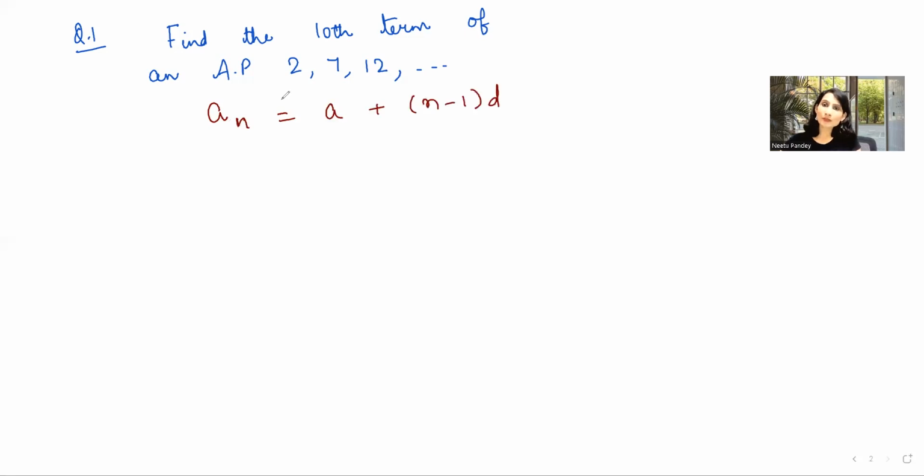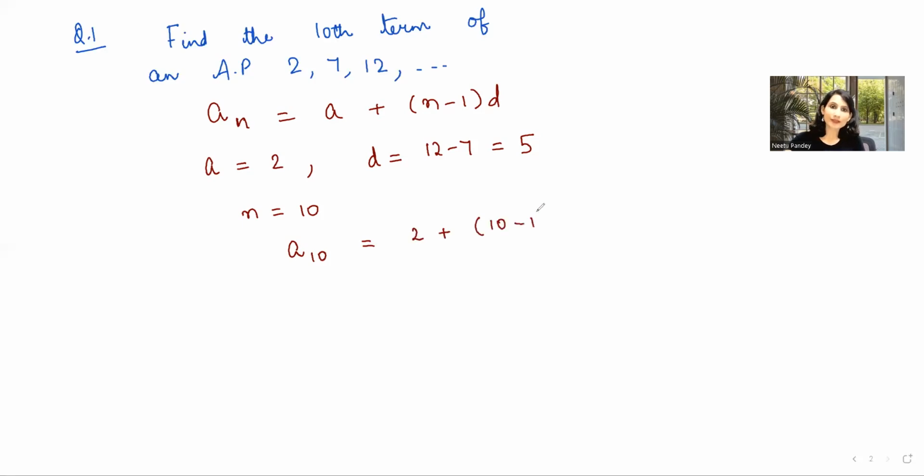Now here if you see what is the first term? First term आपका है 2 और common difference find कर लेते हैं. So it will be 12 minus 7, that is 5. Right, 10th term मतलब n की value यहाँ पे 10 है. So here it will be a10 is equal to 2 plus (10 minus 1) into d, that is 5.